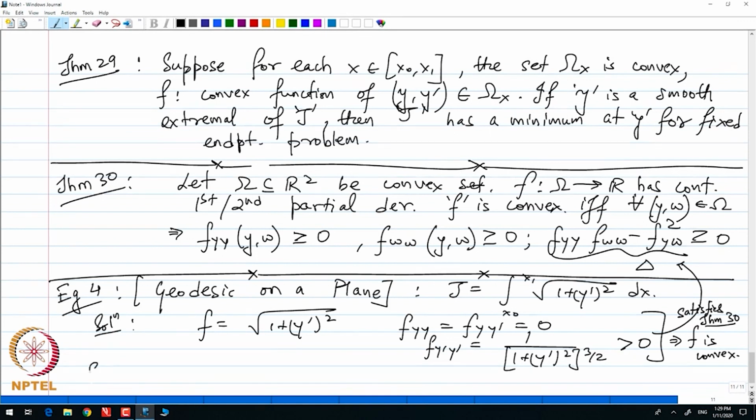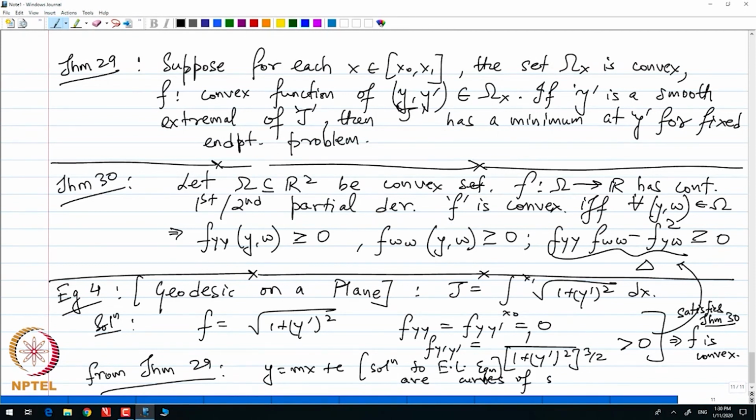So, from theorem 29, the previous one, I can see that y equal to mx plus c, which is the solution to the Euler Lagrange equation, are curves of shortest arc length, or they are the minimal extremal to the functional J.